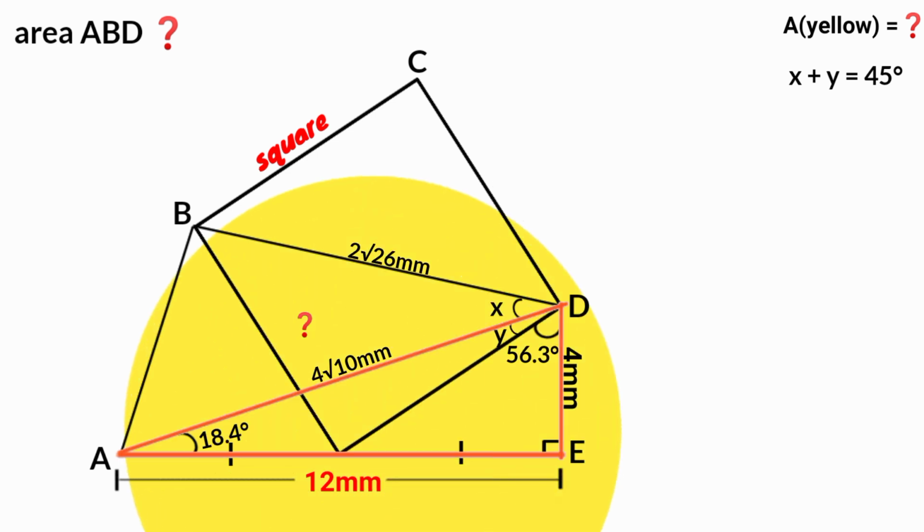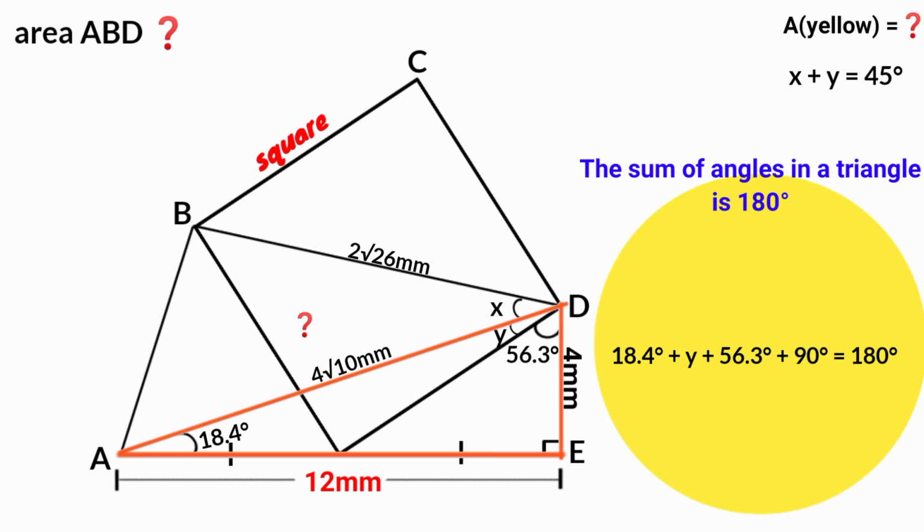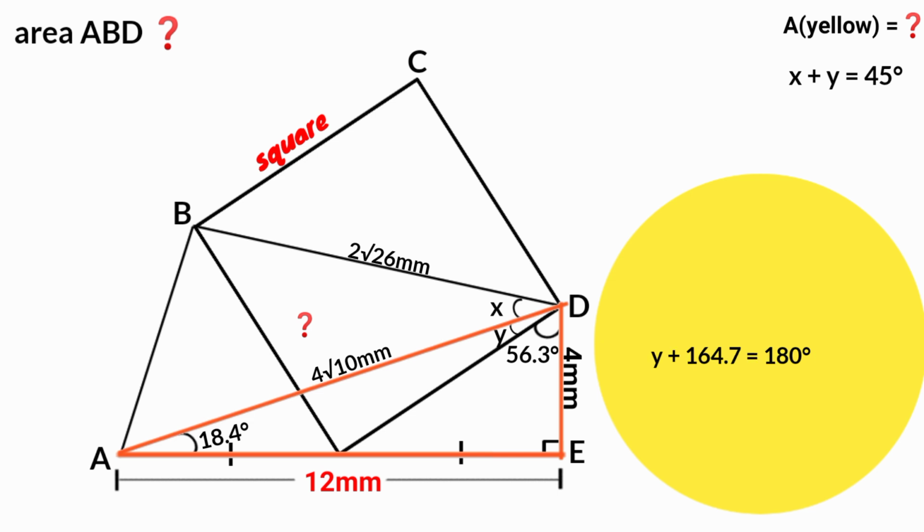Now still from this triangle, we know the sum of angles in a triangle is 180 degrees. So if we sum up its angles and equate to 180 degrees, 18.4 plus y plus 56.3 plus 90 degrees equal to 180 degrees. 18.4 plus 56.3 plus 90 is 164.7. Taking 164.7 to the right hand side, y equal to 180 degrees minus 164.7, which is 15.3 degrees.